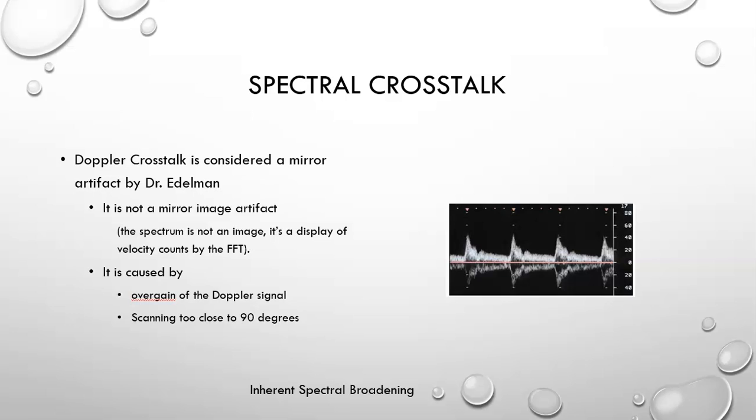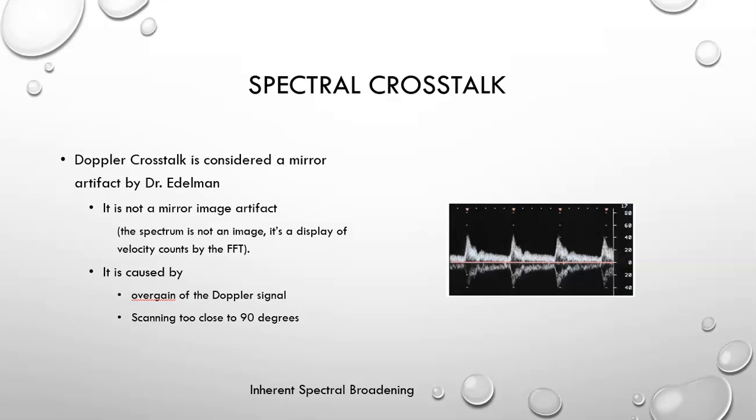And when you get too close to 90 degrees, you can create spectral crosstalk through a process known as inherent spectral broadening. Okay, and so what inherent spectral broadening is, this is a unique artifact to phased array transducers.